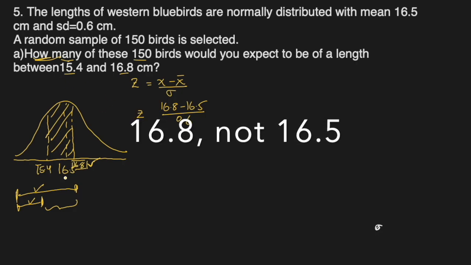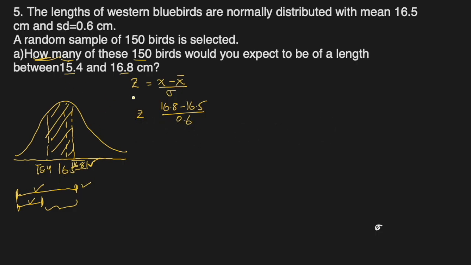That is the question, right? So let's focus on this one. I'm finding the Z score for this. So Z score will be 0.3 over 0.6, so it is 0.5. This is the Z score.